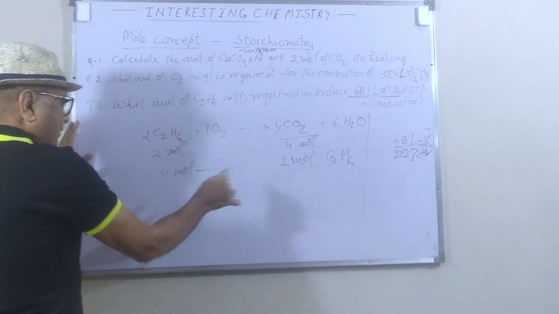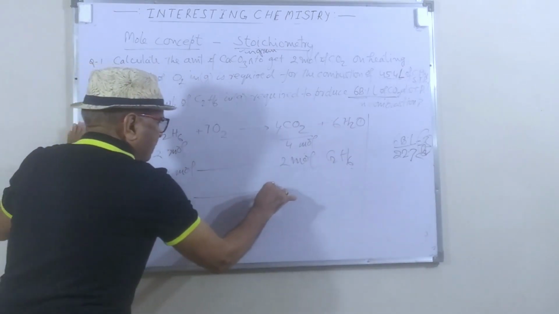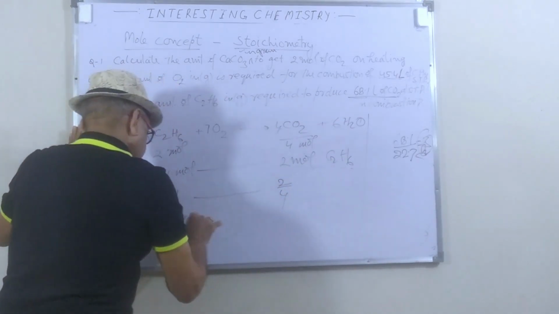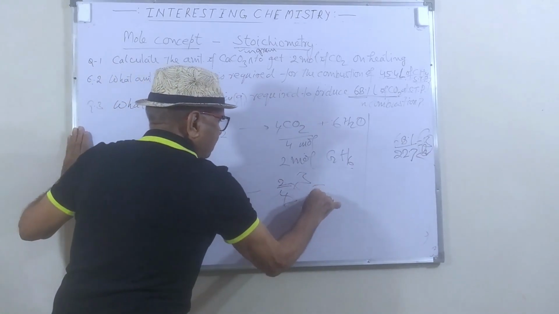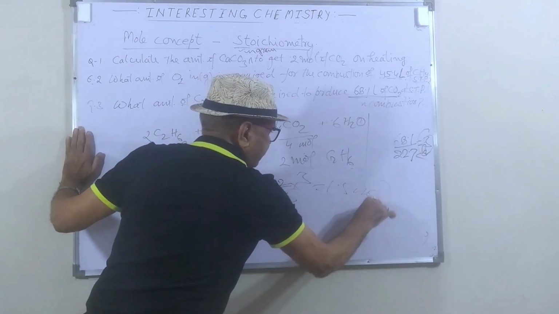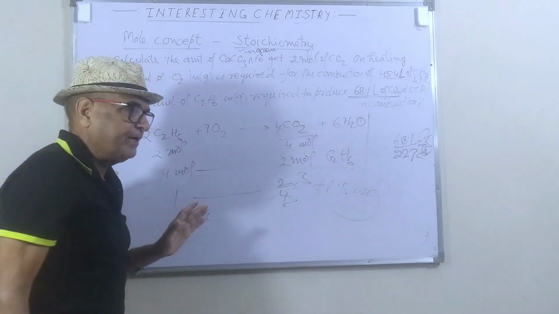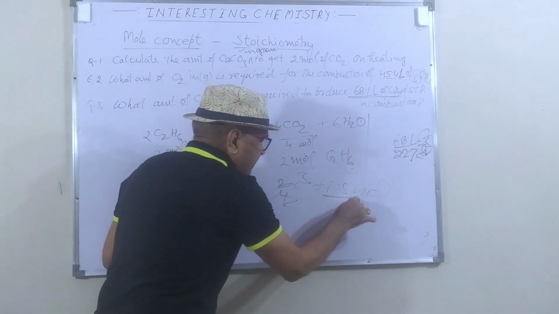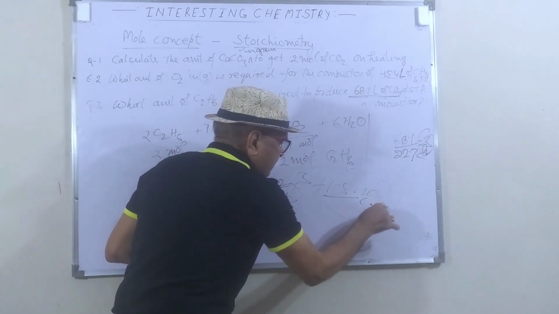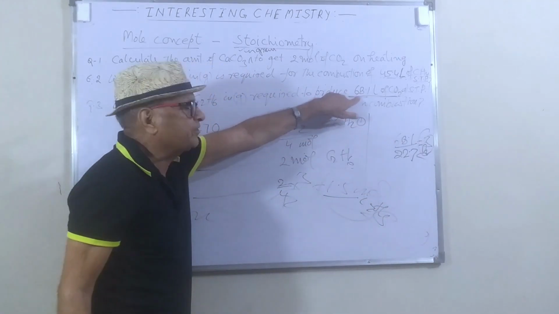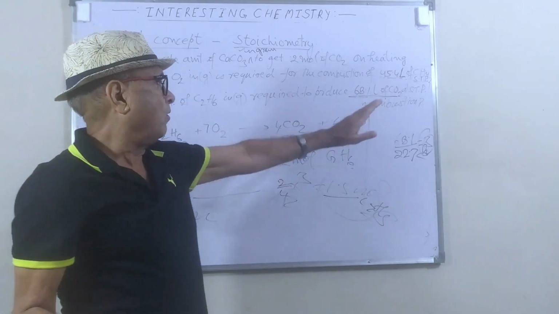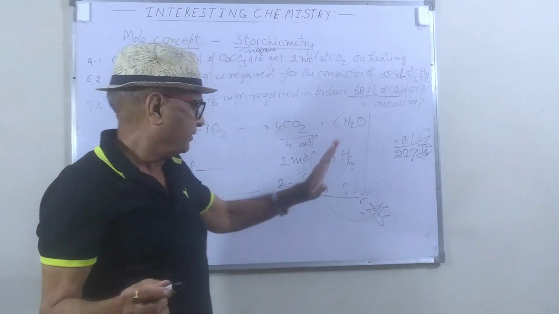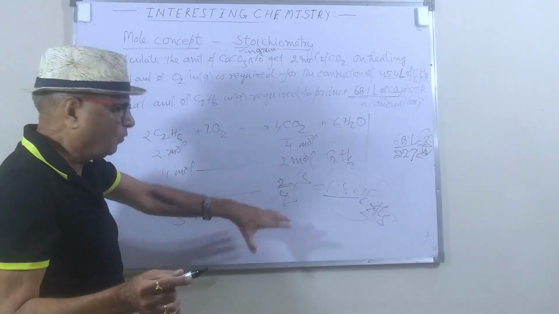So 4 moles of CO2 needs 2 moles of C2H6, and for 3 moles you will write 3 into 2 upon 4, and 1.5 moles will be the answer. 1.5 moles of C2H6 will be required to produce 68.1 liters of CO2.